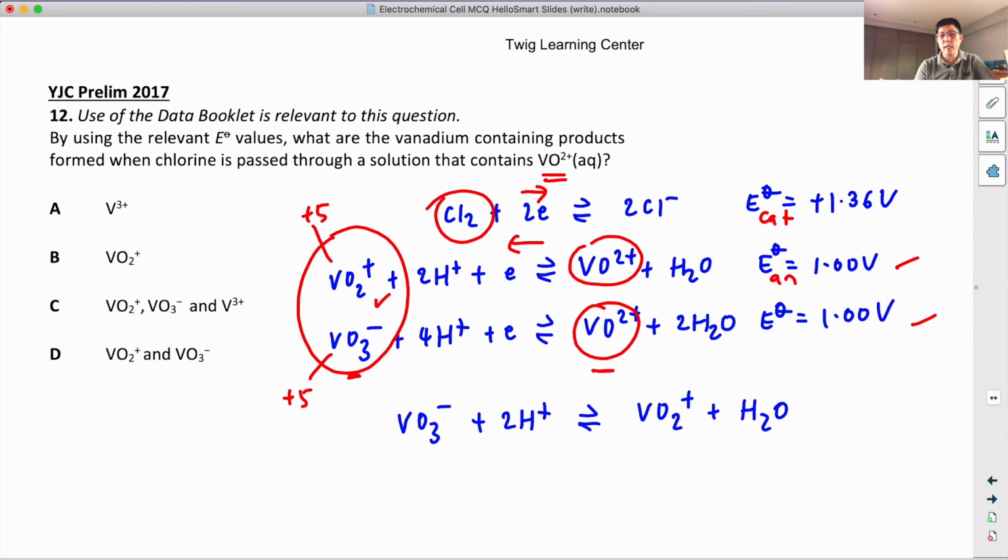Generally, if the medium is more acidic, look at my equation. There could be some equilibrium happening over here, which is not required in this question. In a more acidic medium, the equilibrium will shift more to the right, and you probably have more of this. In an alkaline medium, you probably have more of this. But since the question wasn't clear, I'll take it that both of them should be present. So the answer is actually D.